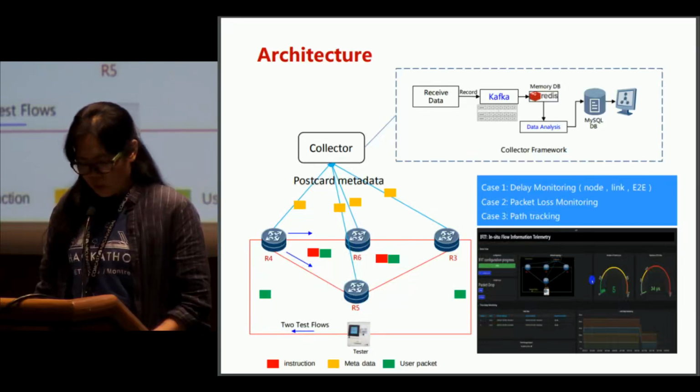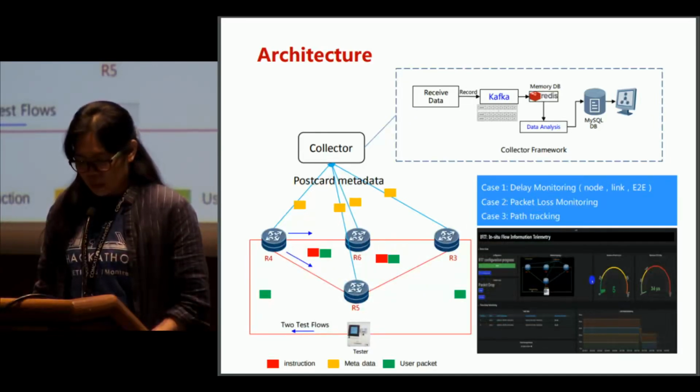Router 4 is the ingress node to encapsulate the iFIT header, and router 3 is the egress node to decapsulate the iFIT header, and router 6 and router 5 are the transit nodes. The yellow one is the metadata, which is sent to the collector.